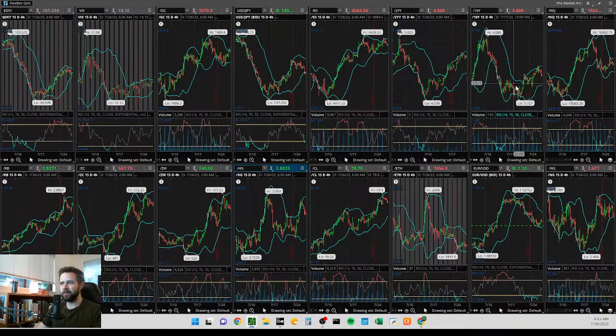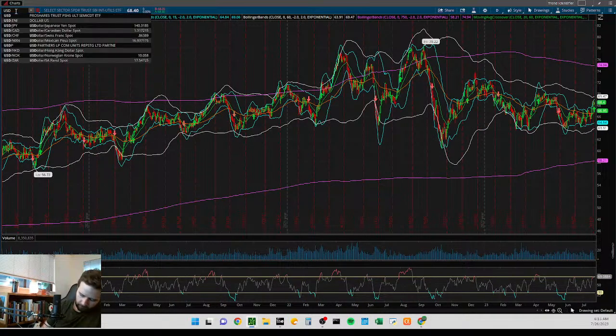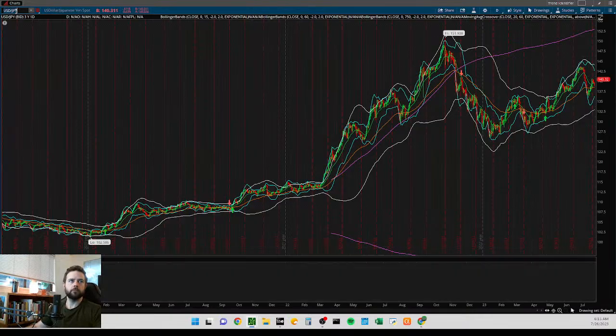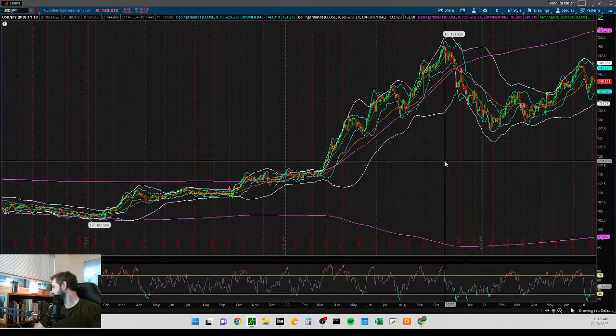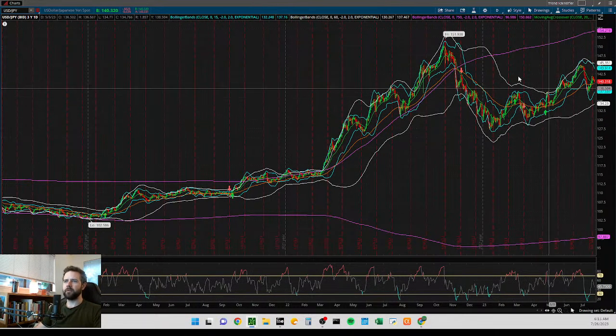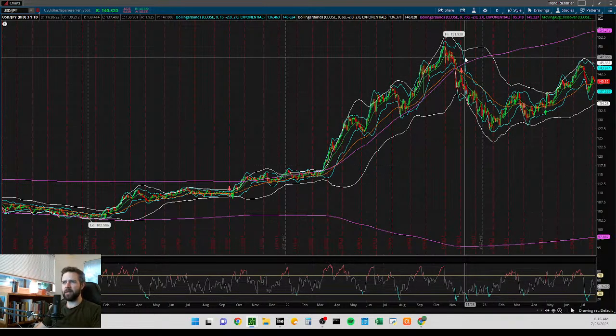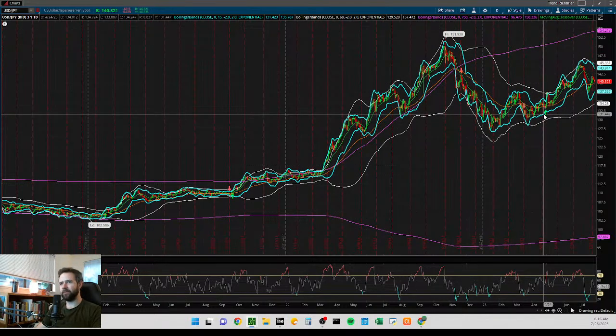Dollar yen might be a little oversold. Let me pull that up. So it is technically bullish using my indicators. The last arrow we have is green.